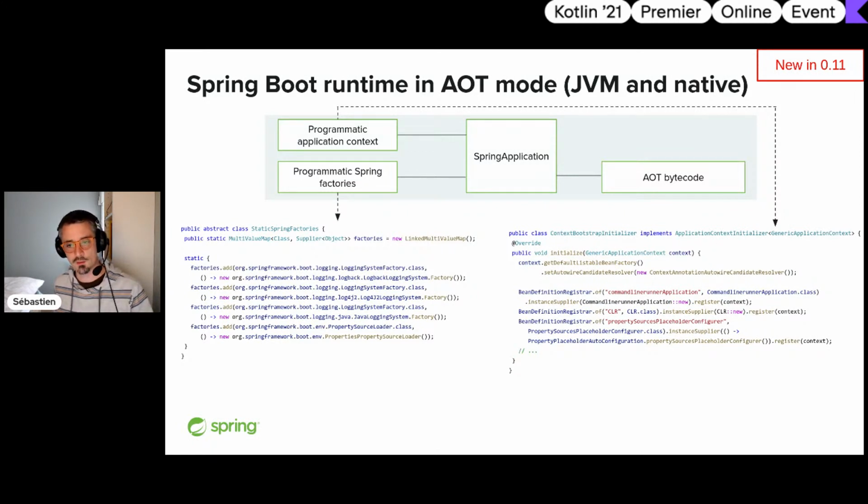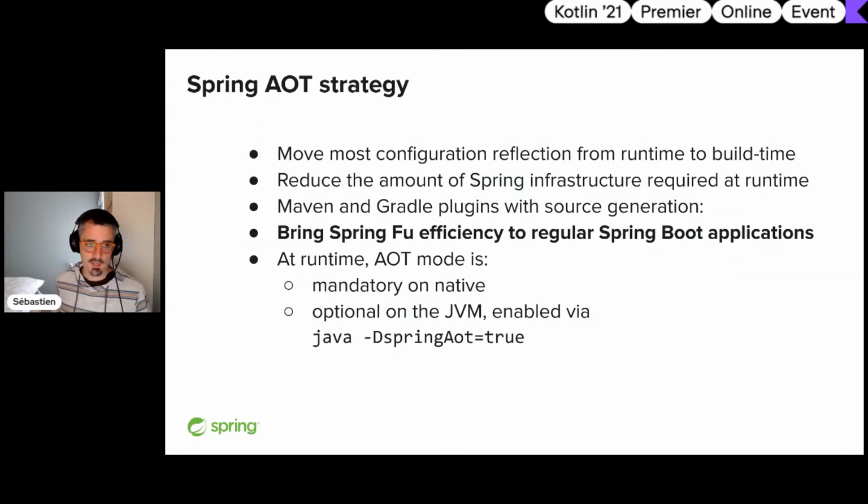So we are going to generate at build time an optimized version of the application context specifically crafted for your Spring application. And you see that it's not using reflection, it's using programmatic constructs, so lambdas, method references, etc. No reflection involved, so it's by default compatible with native. And that allows us to lower the footprint and improve the compatibility.